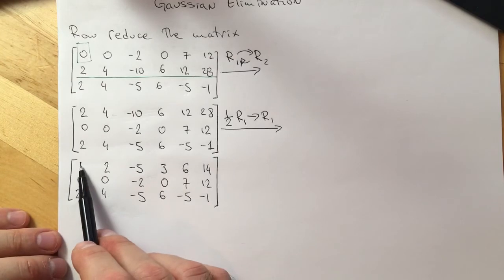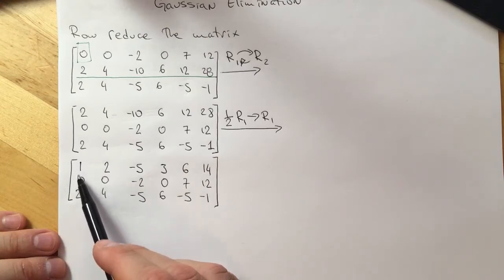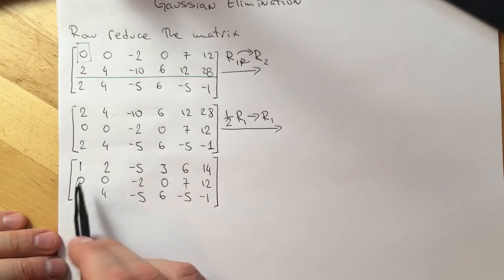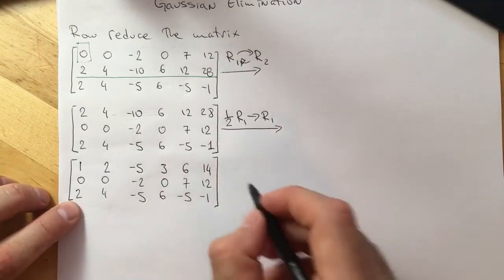Once we have obtained the leading 1, now I need to eliminate all the entries below that leading 1. Every entry below the leading 1 should become a 0. The first one is already 0. Now how am I going to make this 2 in the third row a 0?